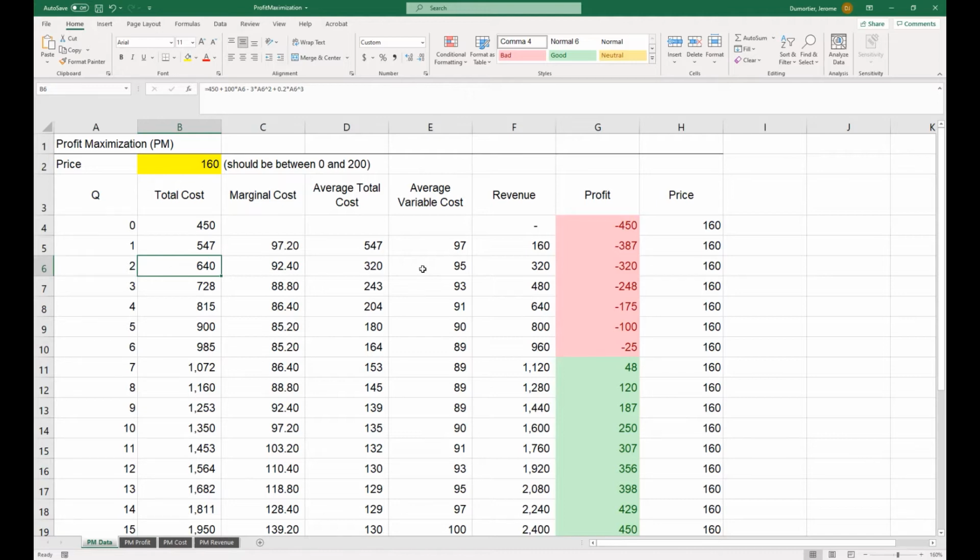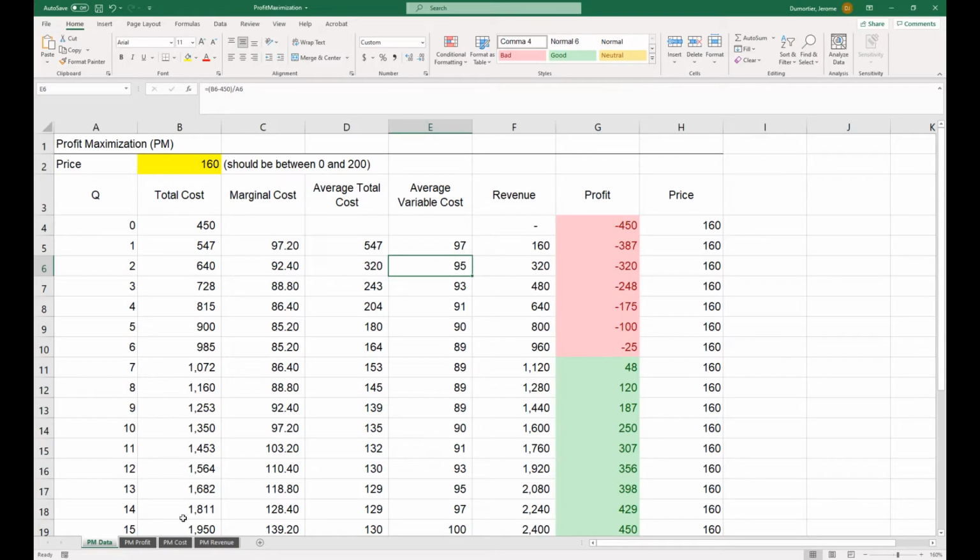So in order to calculate the 95, you have to take the 640 and subtract the 450. That gives you 190 in variable cost, and 190 divided by 2 gives you the 95. Okay? So this is what we have seen so far.